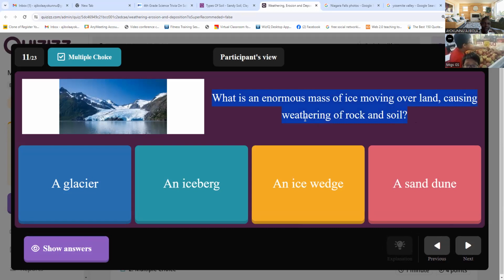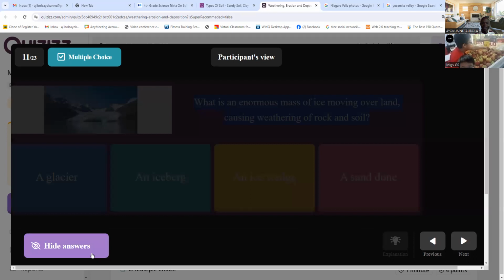Read this question. What is an enormous mass of ice moving over land, causing weathering of rock and soil? A glacier. That's correct.